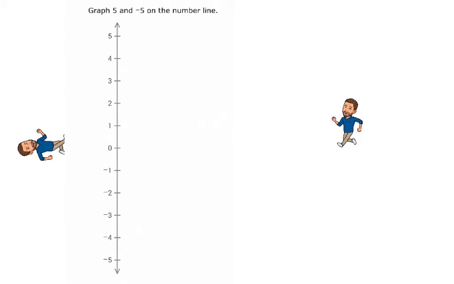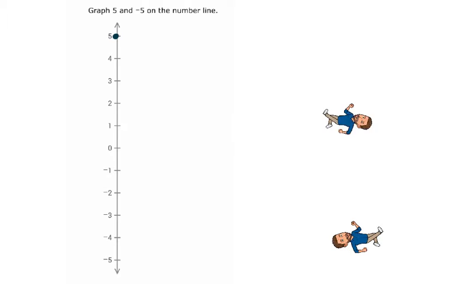If I wanted to count to +5, I would start at 0 and go up 1, 2, 3, 4, 5. And then you also plot a point on the number line at 5. You could do the same thing for -5. So instead of going side to side, we're just going down. I'm going to start at 0 and go 1, 2, 3, 4, 5. So when you see a negative, that means go the other way.